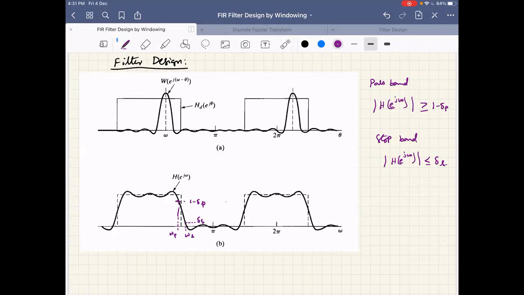That means the stop band is the band for all omega greater than or equal to omega s, where the magnitude response is less than or equal to delta s.